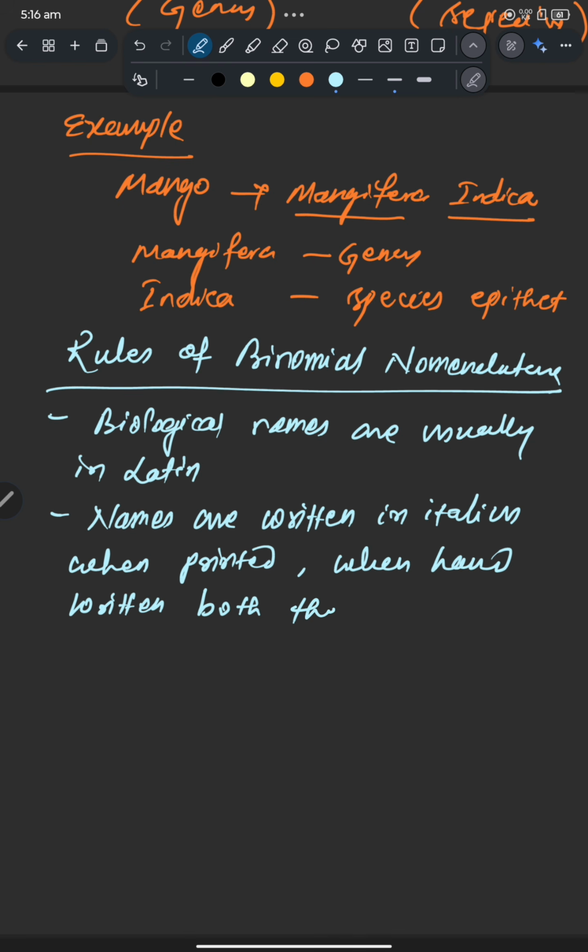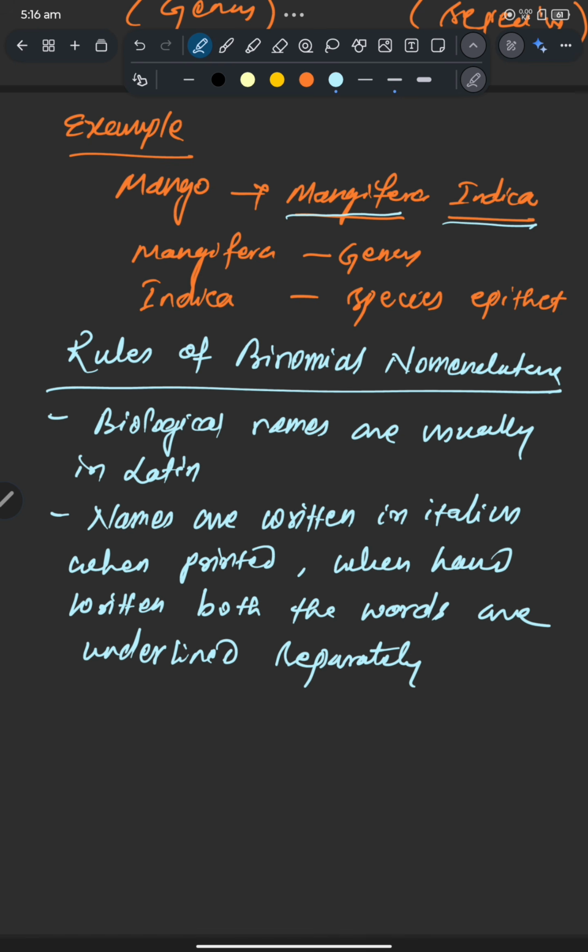So here you can see I have written, this is the handwritten one. Mangifera is the genus name, indica is the species name, and I have underlined them separately. Don't put a single underline under the two words.